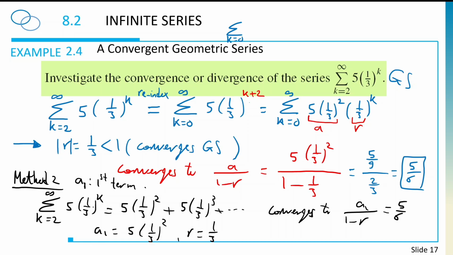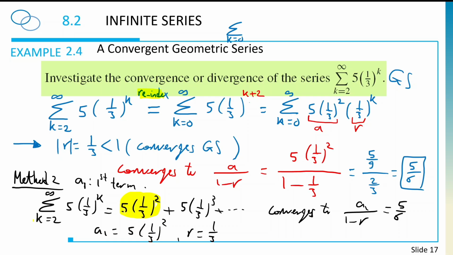So this is the easy way, but the common mistake I see students make with this method is that they do it without considering that A should be the first term. You have to expand to see the first term. This is your first term, or else you'll do it wrong. What usually happens in the exam is that they don't look at the index and always take A as 5. So it will not be correct. To avoid doing the re-index, you need to check what the first term is.